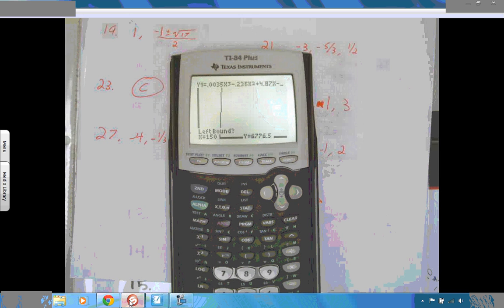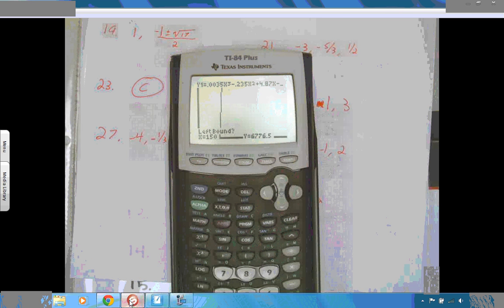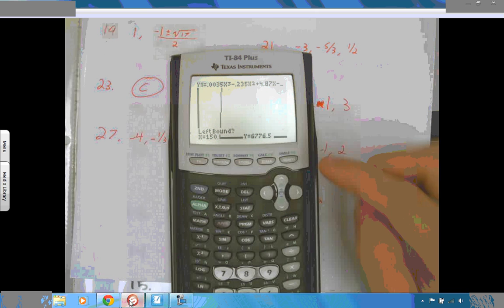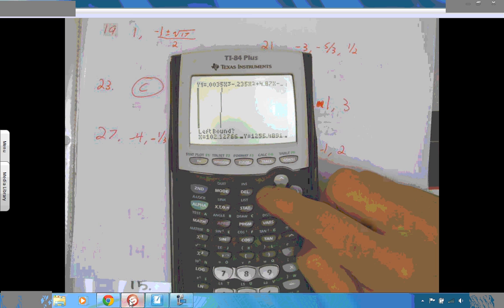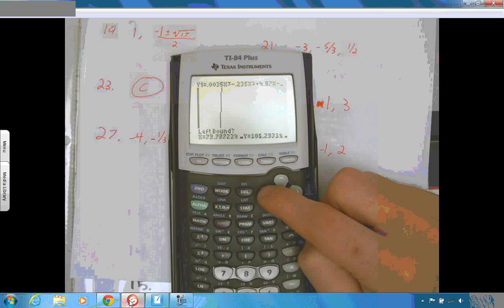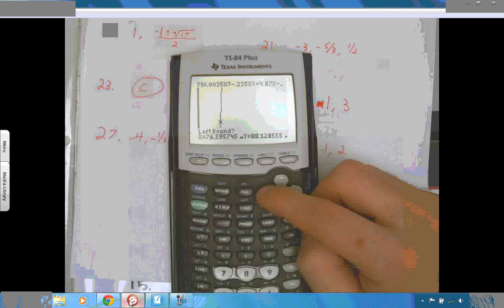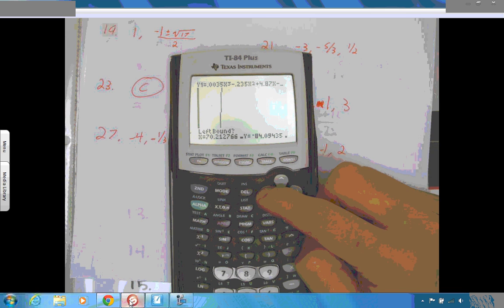The left bound is to the left of where I think the x-intercept is. I can see it, right? So if I keep going down until my guy shows up here. Ah, there it is. So if I go into a negative y, I'll be to the left, won't I? Sure. So negative 84. That should be good.